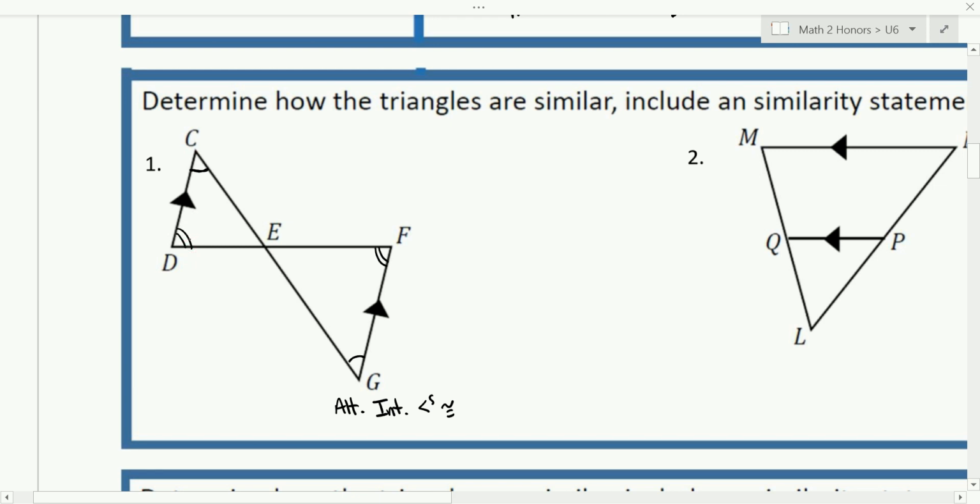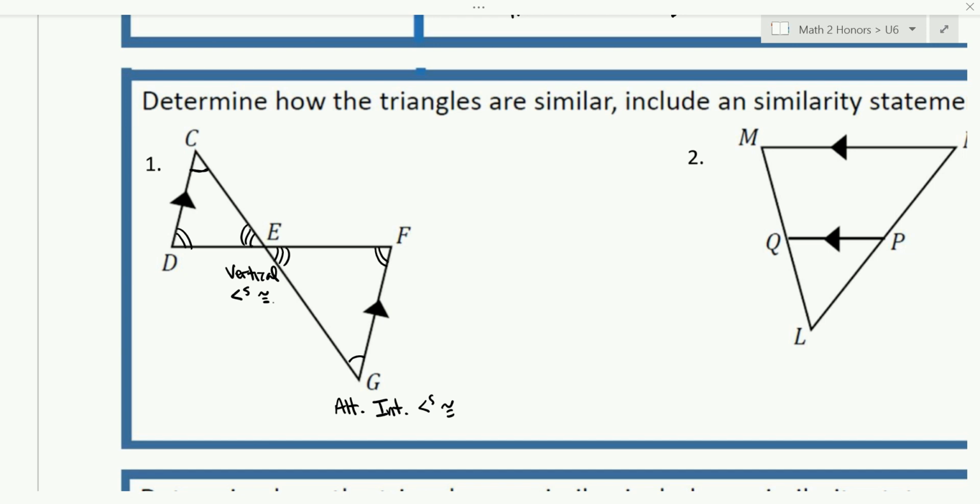But then you may see, well, we got vertical angles too, right? Because those are alternate interior angles as well. Okay. So we have more than enough. We have AAA. We only need AA.